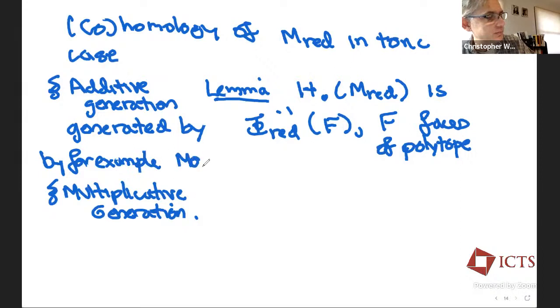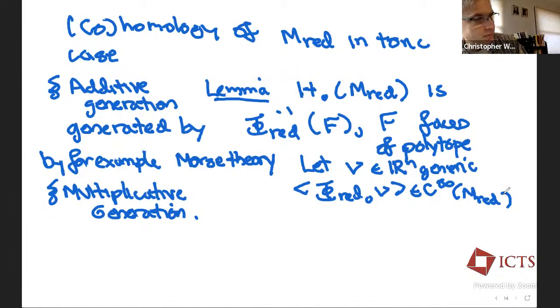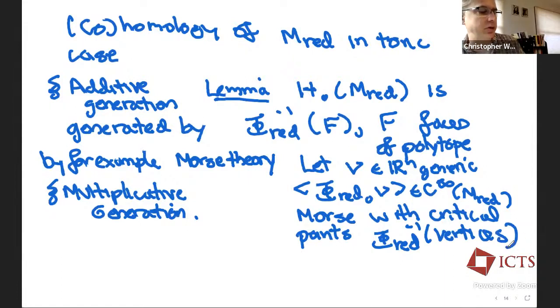And one way of doing this is using Morse theory. There are many ways of seeing that this will give you a generating set. So if I take a generic vector nu, and then I pair phi_red with nu, then this is a function on the reduced space. Then this will be Morse, with critical points the inverse images of the vertices of the polytope.